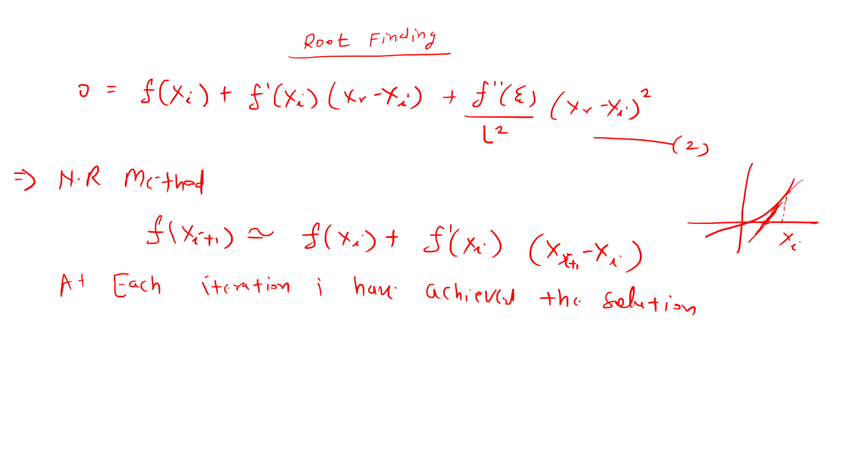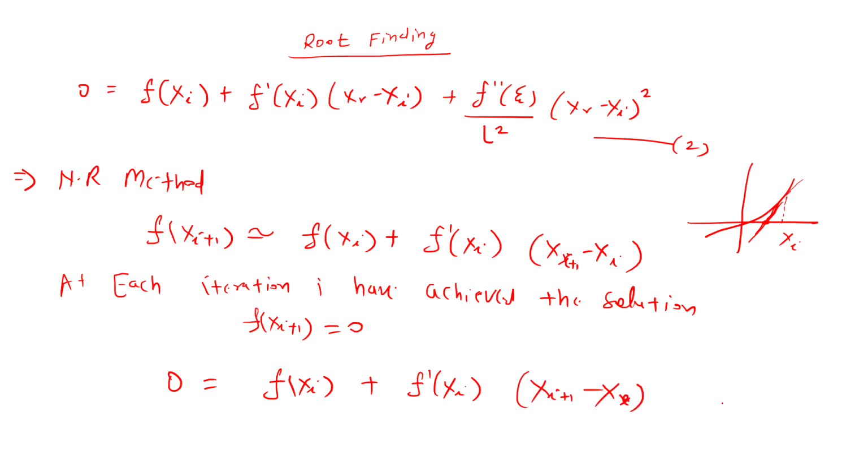So we are approximating this curve with this line in this particular iteration, and saying that wherever this line hits the axis, that is the root of this line. That means that within each iteration f of x_{i+1} will be 0. So we have 0 equal to f of x_i plus f prime x_i times (x_{i+1} minus x_i). This is equation number 3.